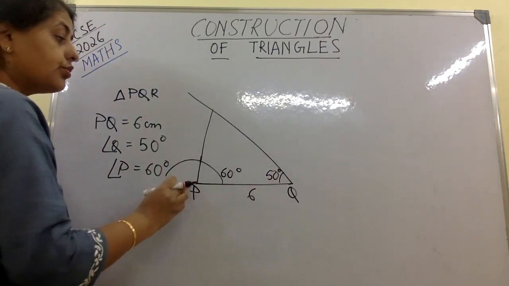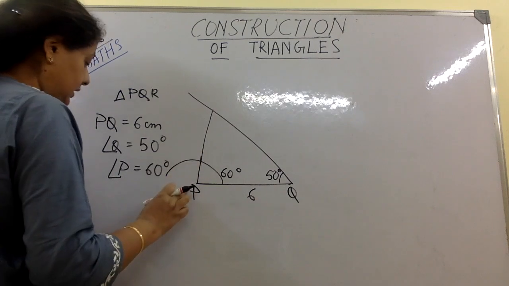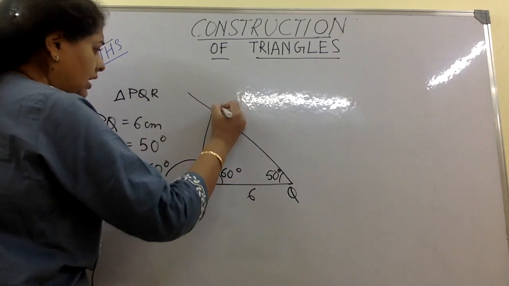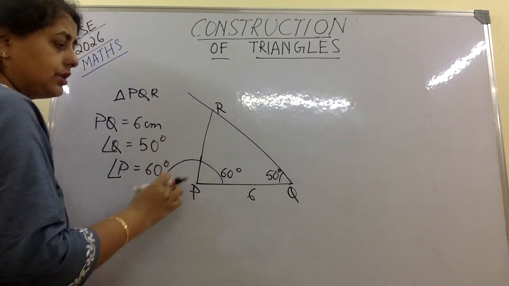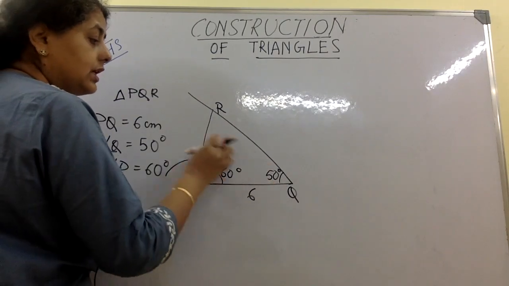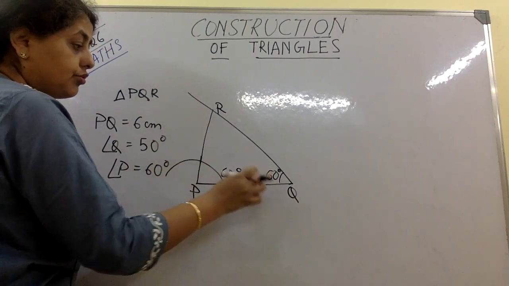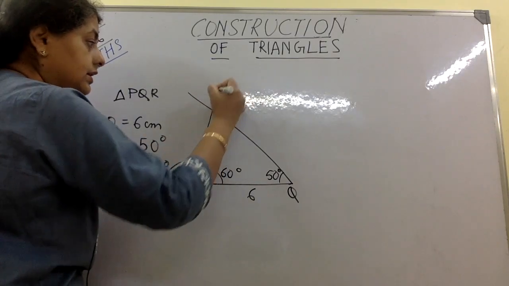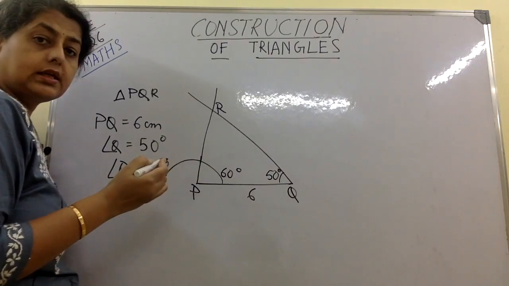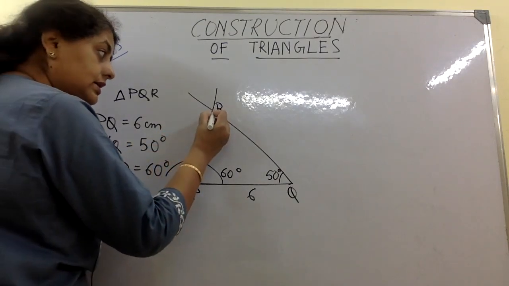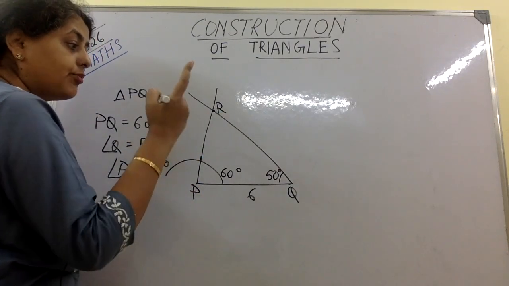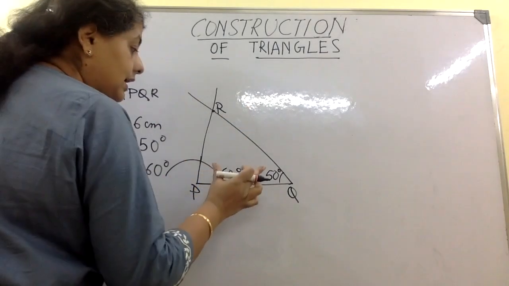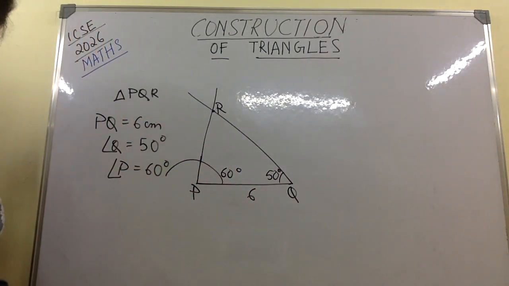You don't have to know the length of PR, you don't have to know the length of RQ also. You extend this and let the two lines meet wherever they do. So that is your triangle. Just name that point R. So this is the required triangle when two angles and one side is given.